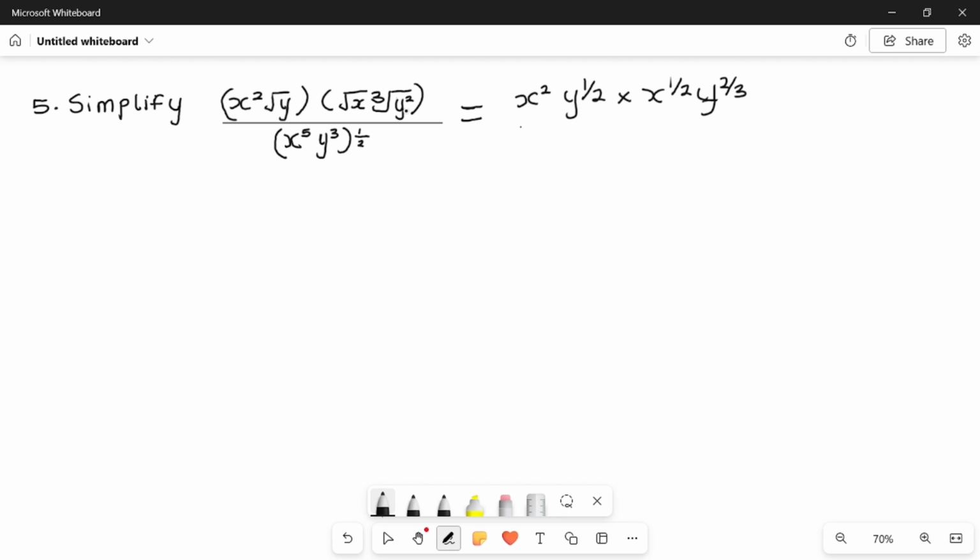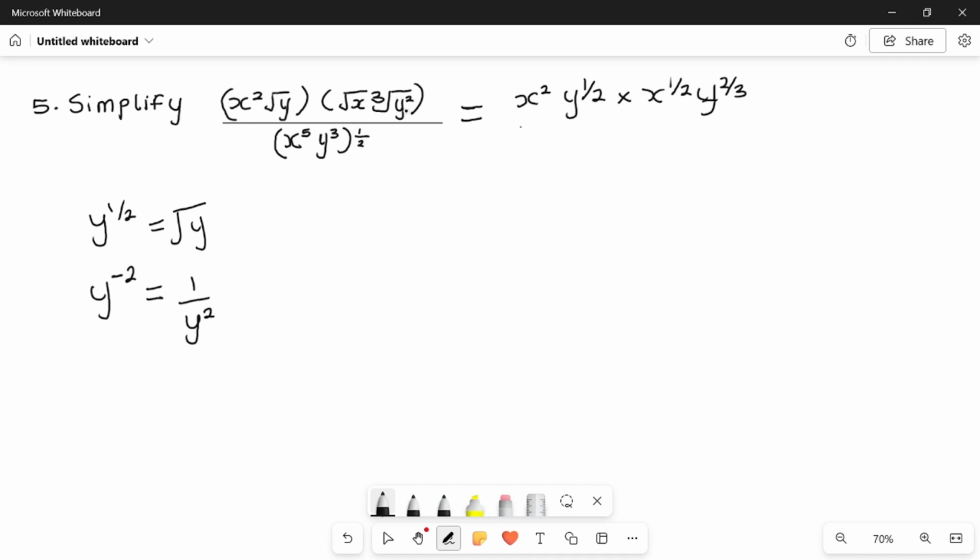In case you don't know how we got this 1 over 2, we made a video in our previous class. Y raised to power 1 over 2 is the same thing as square root of y, using the fractional index law. And y raised to power minus 2 is the same thing as 1 over y squared, using the negative index law.